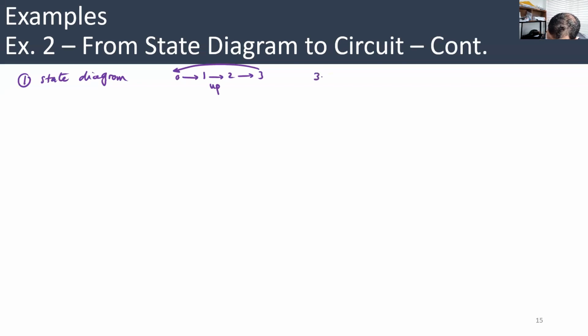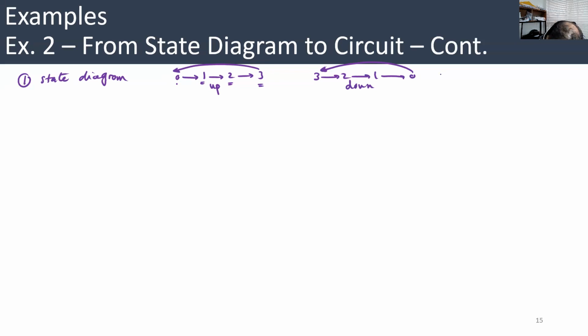For the down counting, it's 3, 2, 1, 0, then we go back to 3. There is a state in which we are at 0, then we transfer to 1. There is a state called 1, and we go from it to another state called 2. Then from 2 we go to 3, then back to 0. This is up. In the down direction we have the same states but in the opposite direction.